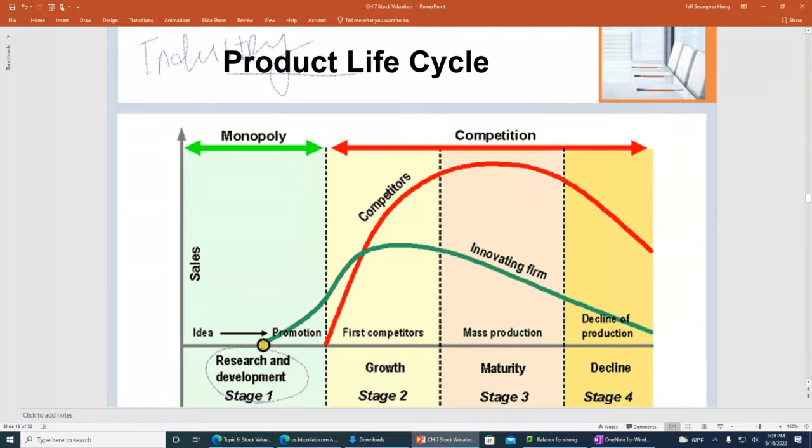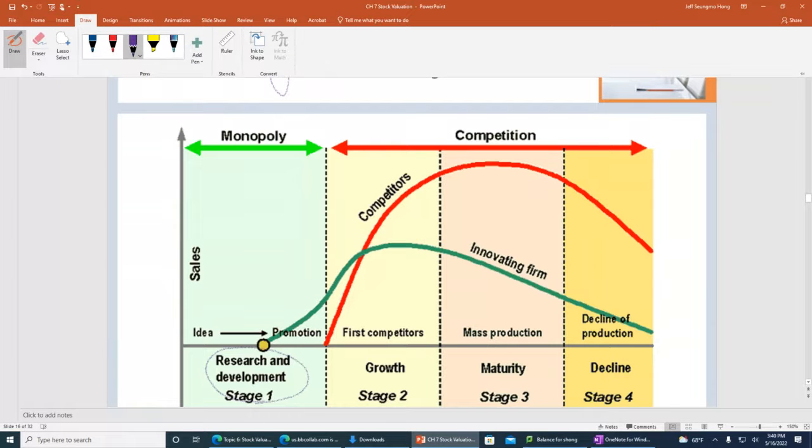Probably 2007 through 2008, for about two years, it probably enjoyed a period of monopoly. And think about it, because there is no competitor, it would see explosive growth. You understand what explosive growth is? I've been talking about this over and over.